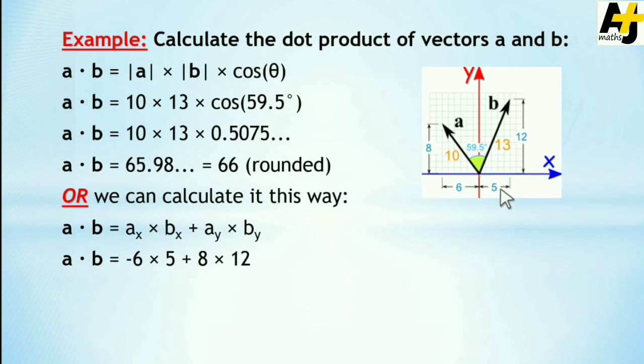The x component of a is minus 6 and the x component of b is plus 5. Plus, the y component of a is 8 and the y component of b is 12. So multiply and simplify, we will get this result, which is again equal to 66.